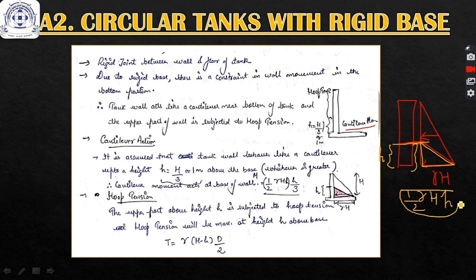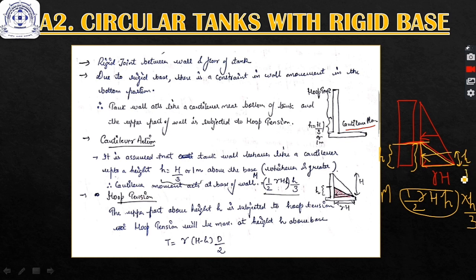This is the expression for the force in this region up to height small h. Now the moment due to this force at the base, that is the cantilever moment at the fixed end, will be force into h by 3, because it acts at the centroid of this triangle, which is at a distance of small h by 3.